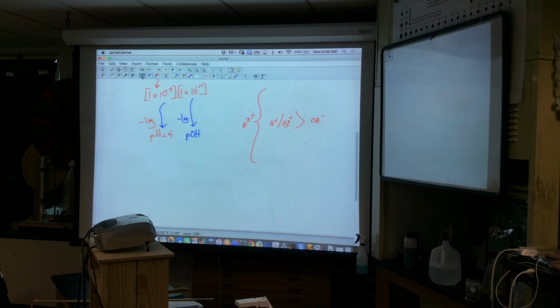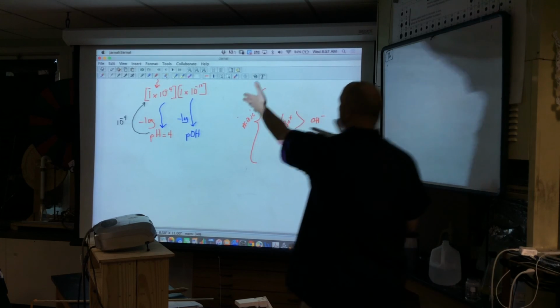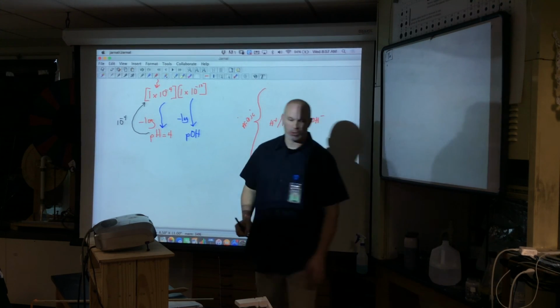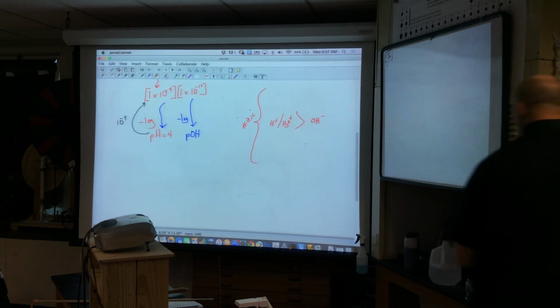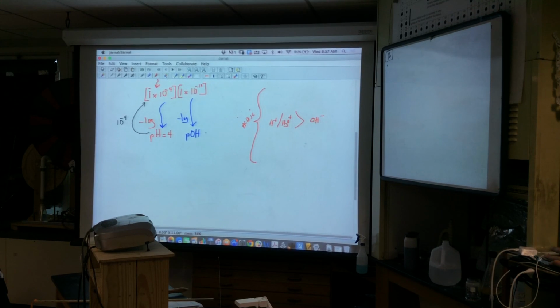Sometimes they call this the anti-log. You go 10 to the negative x. Right where the log key is, you've got 10 to the negative x going back. So if I gave you a pH of 4, you would do 10 to the negative 4 to get that back. Obviously, 10 to the negative 4 is 1 times 10 to the negative 4. So to go back, it's 10 to the negative x. And that's how you do what?